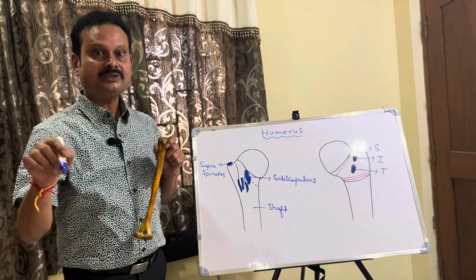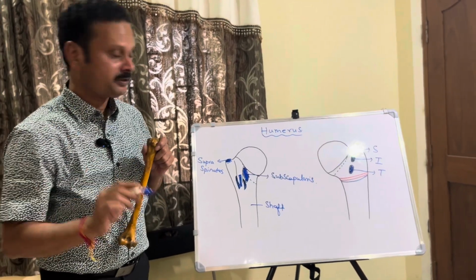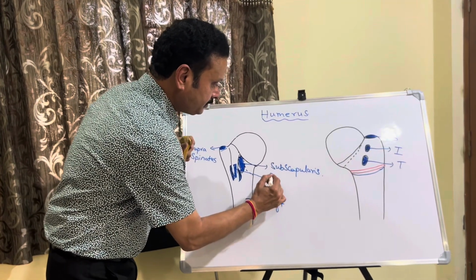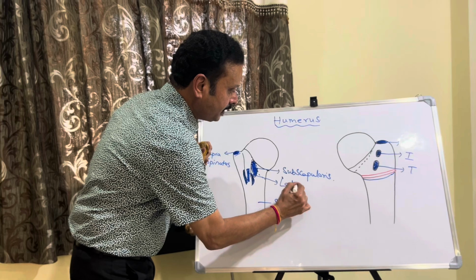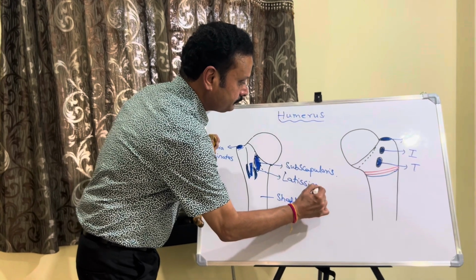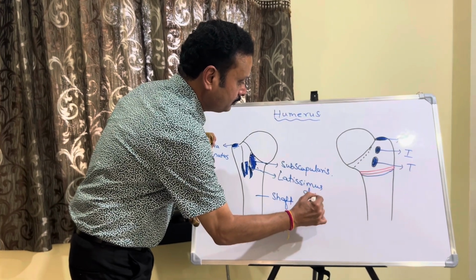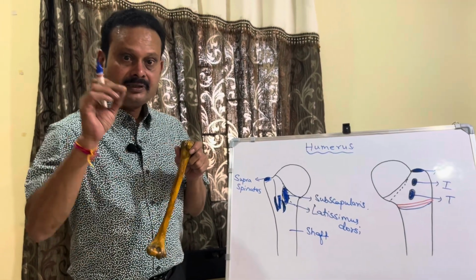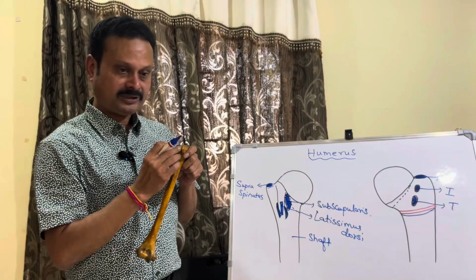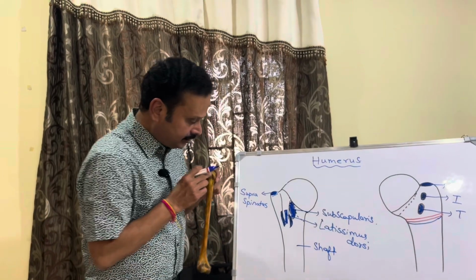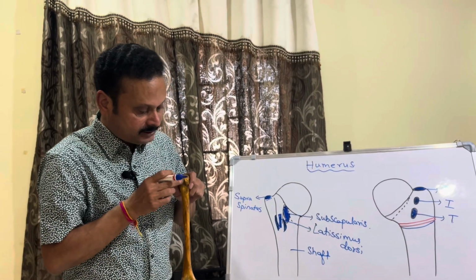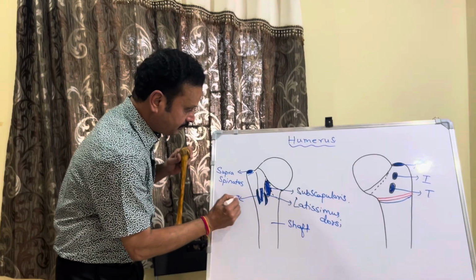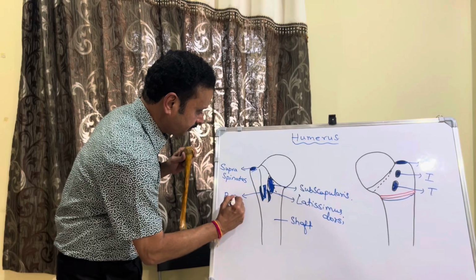But the floor of this intertubercular sulcus or bicipital groove receives the insertion of a muscle called latissimus dorsi. To the lateral lip of the intertubercular sulcus, it is the insertion of a muscle called pectoralis major.